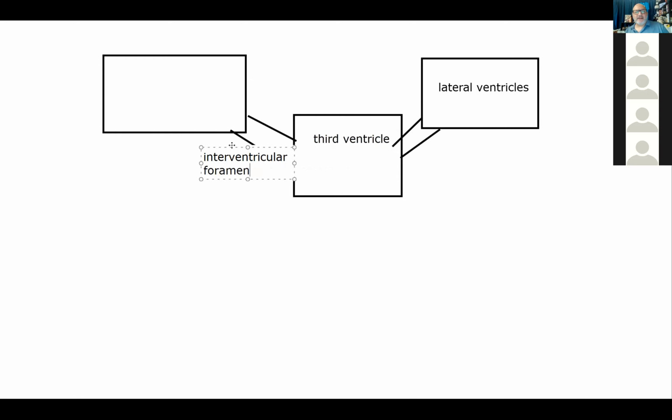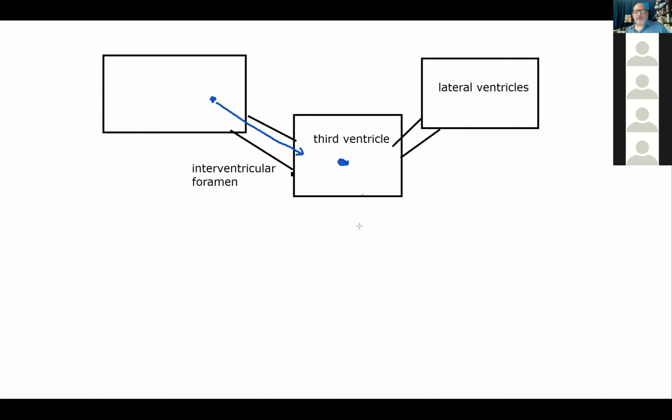So if you're a drop of cerebral spinal fluid and you're made here in a lateral ventricle, the only thing you could do is go through the interventricular foramen into the third ventricle. Now you're in the third ventricle because you came here from the lateral, or you were made in the third ventricle. It doesn't matter.